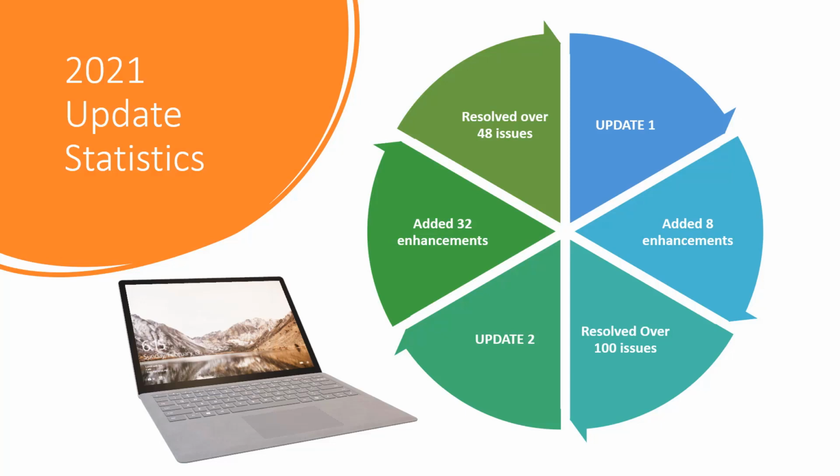Now, with update 2, we've had more time to spend on creating new features, new functionality. So we quadrupled the number of enhancements from 8 to 32. That's a good thing. And we continue to reduce our backlog. We resolved over 48 issues. The point is, as I mentioned earlier, we really want to do more frequent updates so we can get these things to you, the user, so you can be productive.